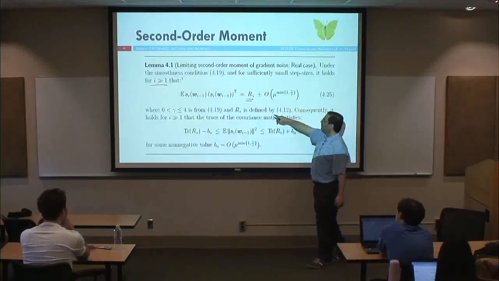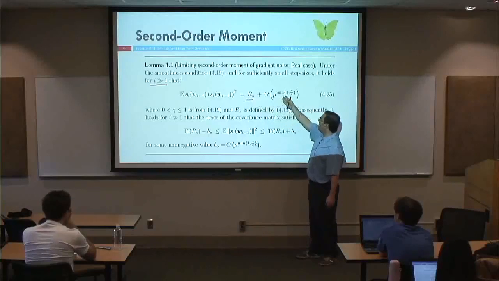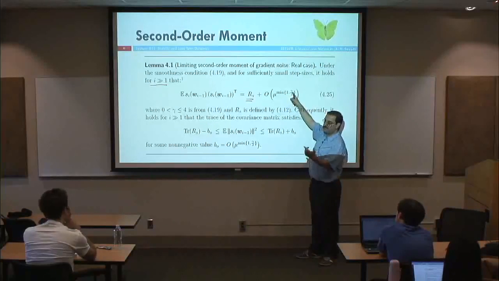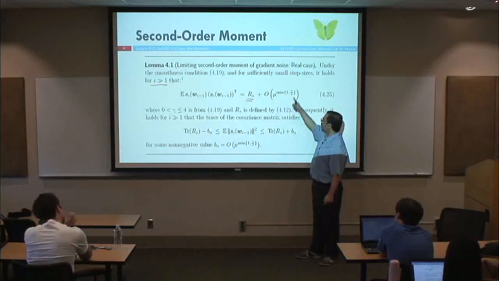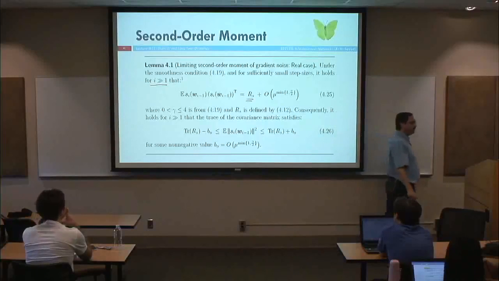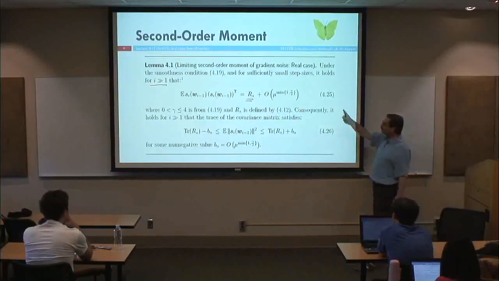So let's prove that it is this quantity plus a term, and what's the power of this term? It's either 1 or gamma over 2. Remember, gamma is between 0 and 4. So gamma over 2 can be less than 1 still. So that's the smallest, okay? And so this is one way to write it.